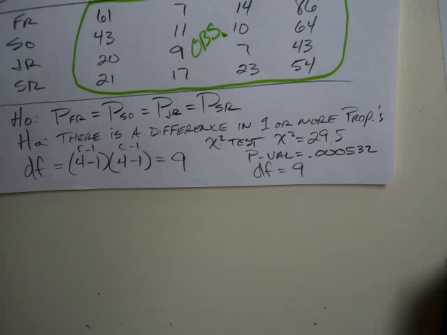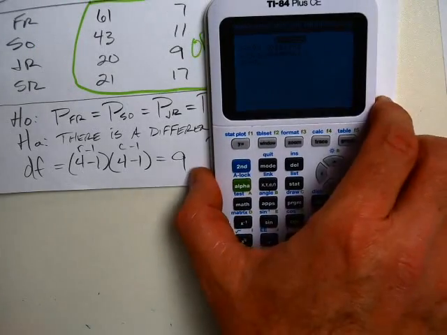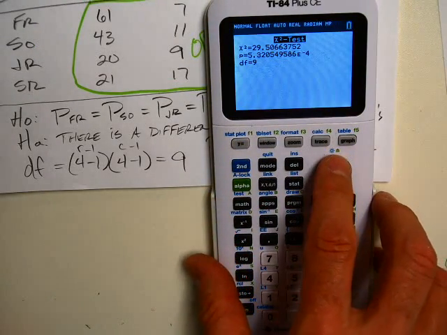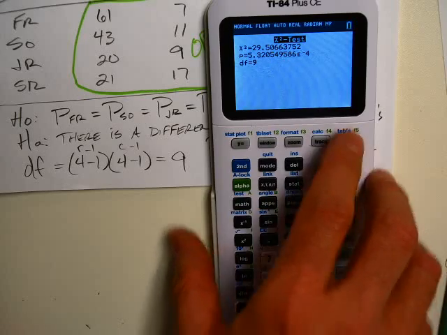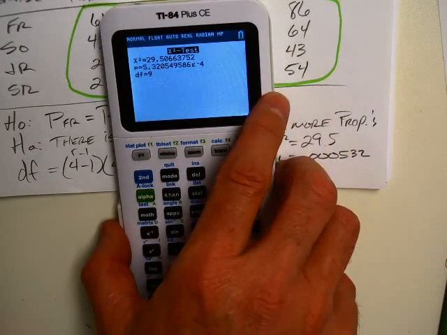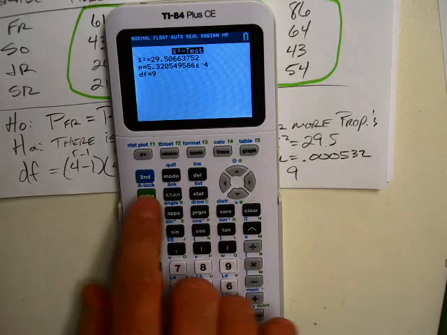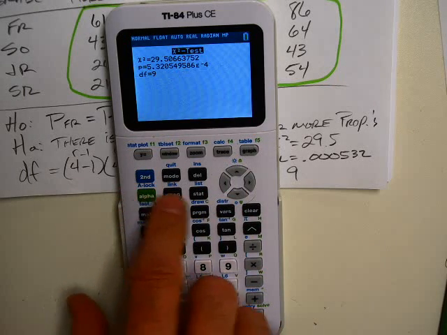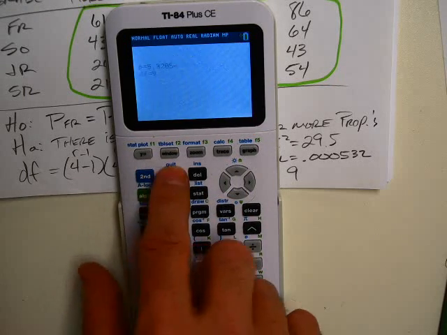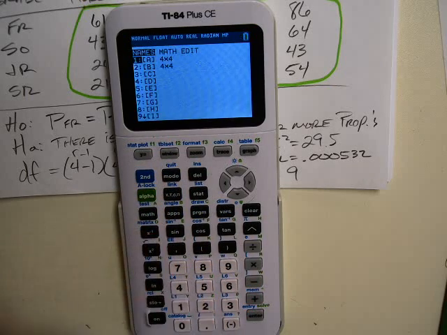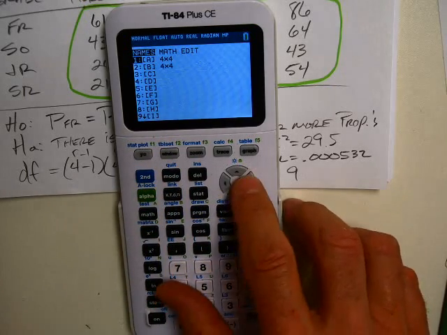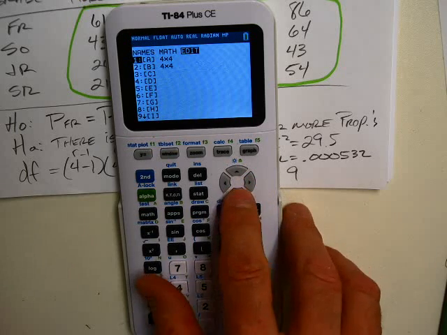But let's go back to the calculator here for just a second. Let's have a look. What if you have a question that asks you about your expected? Instead of calculating it, go ahead and do the chi-squared test with a matrix. And then you can go back into the matrix, I'm going to go second and the inverse of x, and I want to edit is the easiest way to look at it.